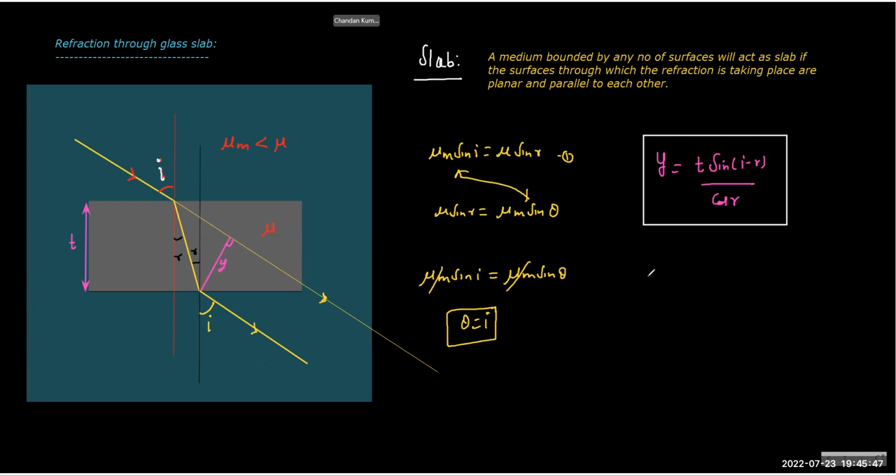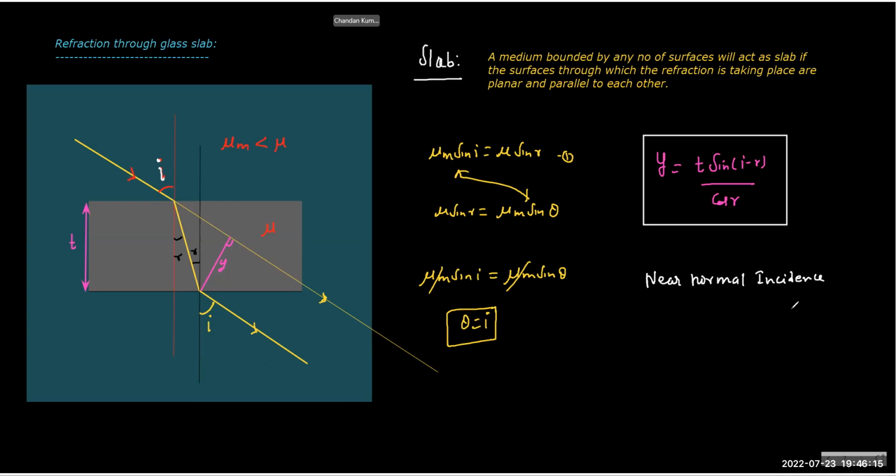JEE will always talk about near normal incidence, so small value of I. Exactly. If I becomes really small, then of course the approximation will come into the picture, because sine, cosine, tan will follow the rule of approximation, which makes the calculation really easier.